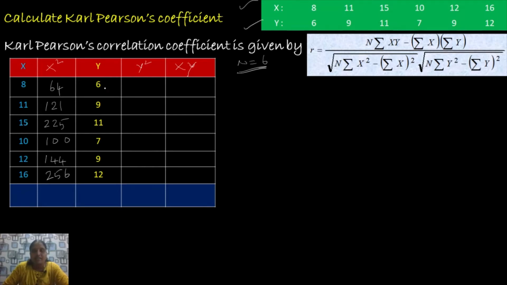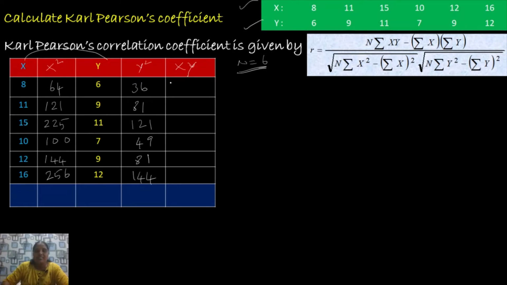Like that, we have to square the values of y too, that is 6 square is 36, 9 square is 81, 11 square is 121, 7 square is 49, 9 square is 81 and 12 square is 144. Next we calculate the product of the values of x with y.